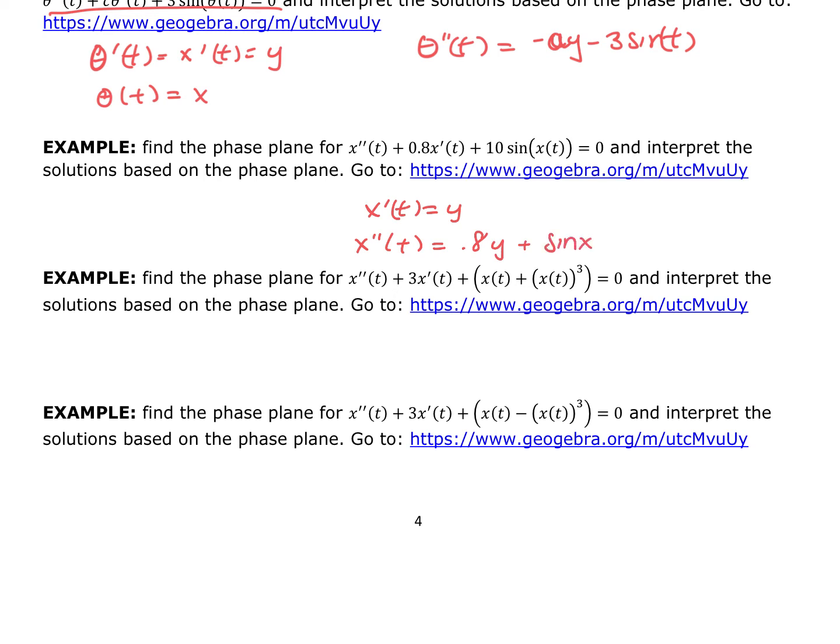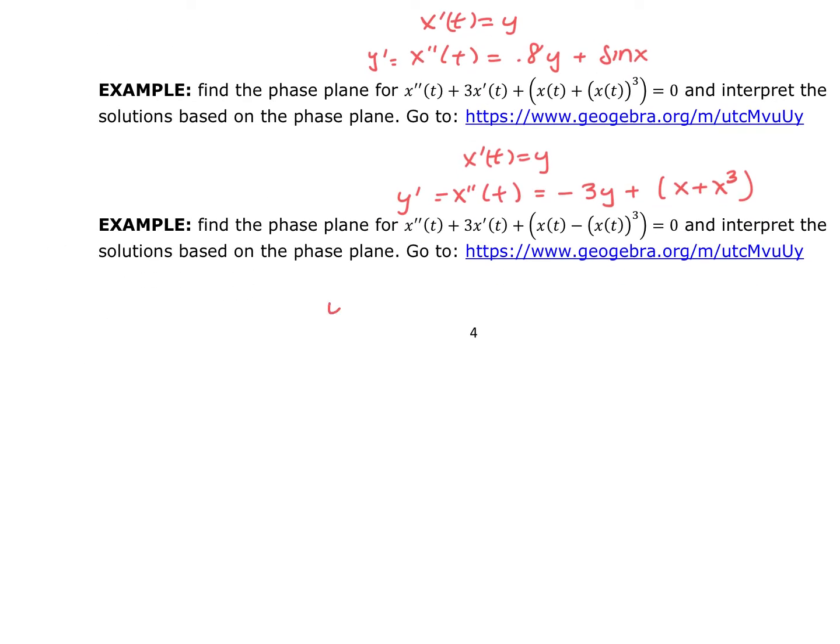So that's what you're going to put in for that one, and I want you to take a look at what that looks like. And this other one, this would be x prime of t is equal to y, and y prime on this website would be equal to negative 3y plus x cubed.